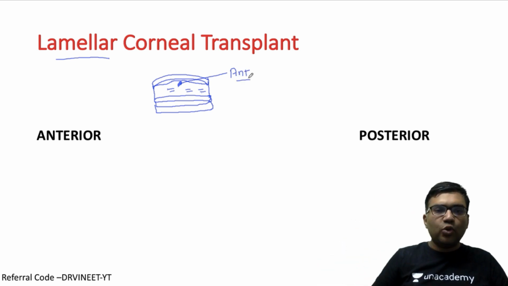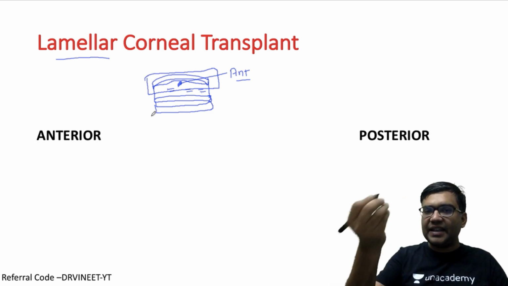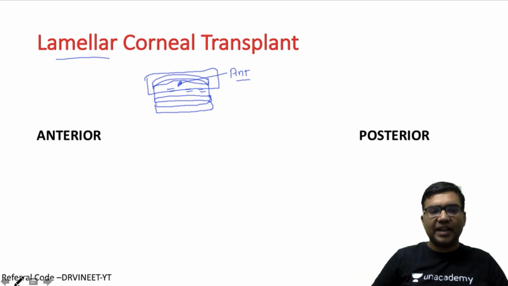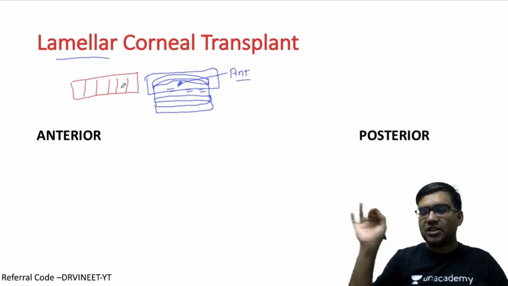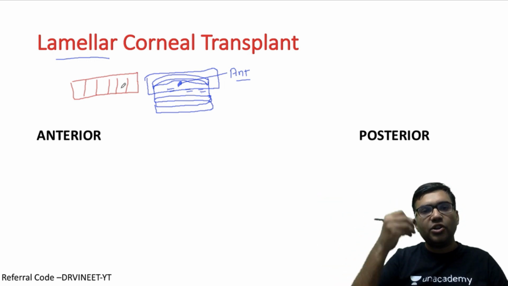What I do is I remove only the anterior half of the cornea and replace it with a clear new anterior half. So this is called anterior lamellar corneal transplant. Lamellar means a part of the cornea is replaced by a new part.